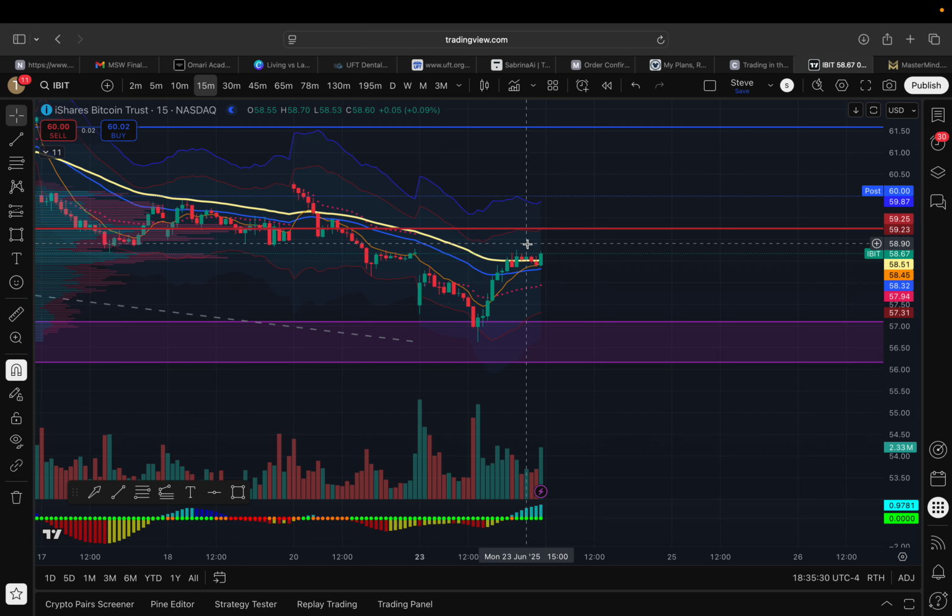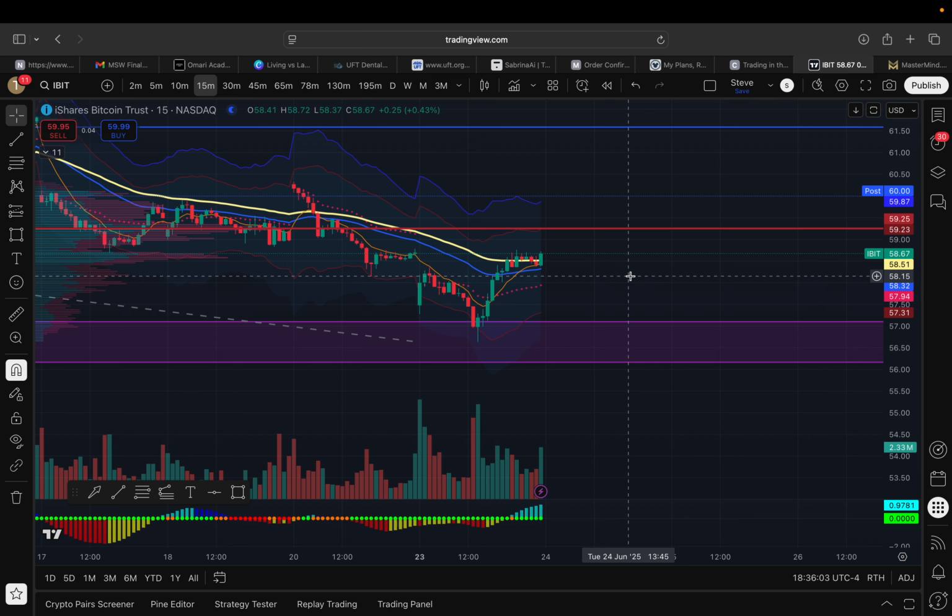Number one, if you look over here, post-market IBIT is already up to $60. So it basically jumped 2 hours after the markets closed. Besides that, this is a Bitcoin ETF, and Bitcoin is on a run right now. So that's how I had this trading idea formulated, and then I had to find the setup to allow me to take a position.